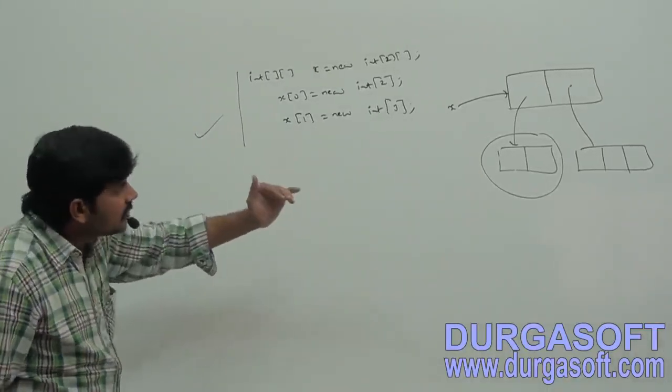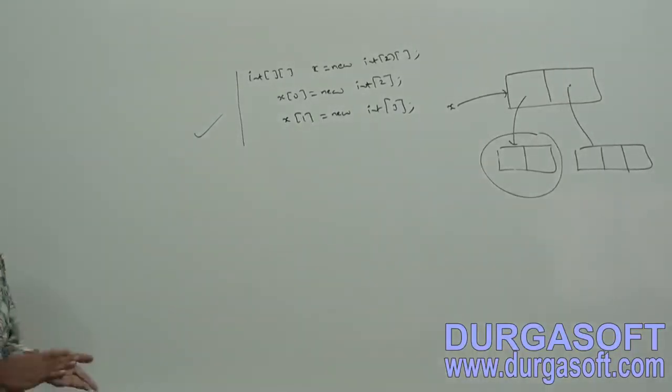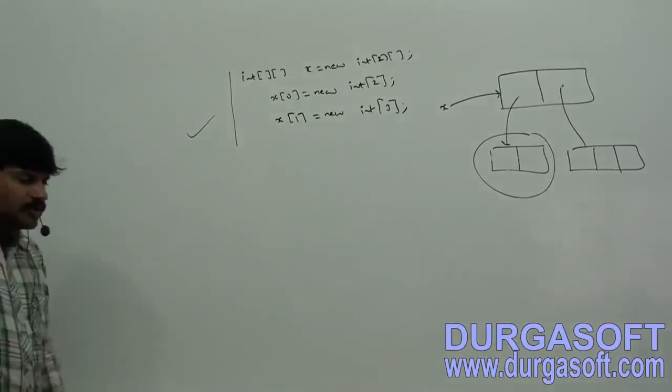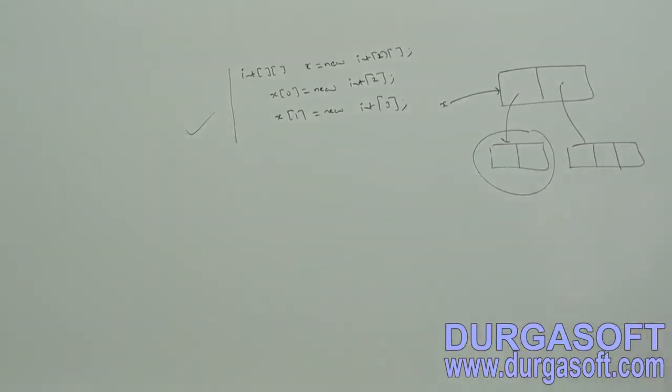Okay, so add example 1: memory structure and corresponding Java code. At least the base size we have to specify.